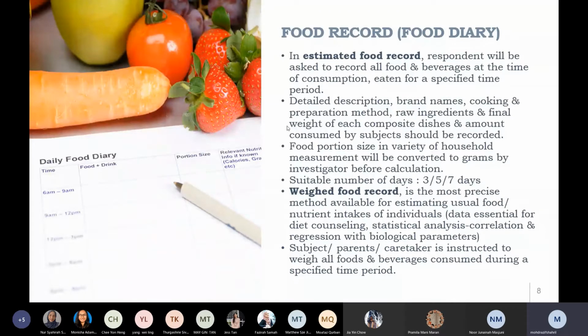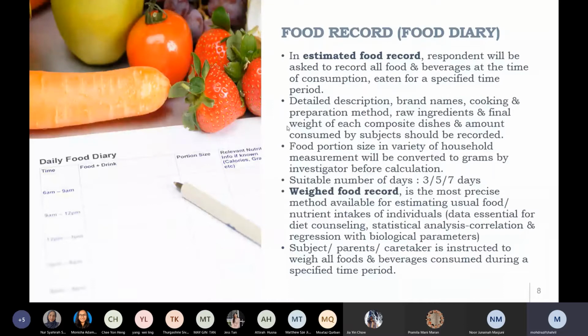And the food portion size in a variety of household measurements will be converted to gram by the investigator before calculation. So this time, the participants do most of the job. The job of the investigator or interviewer is just to provide the forms to them and explain how to conduct the food record. And then it's up to the participant to do the rest.